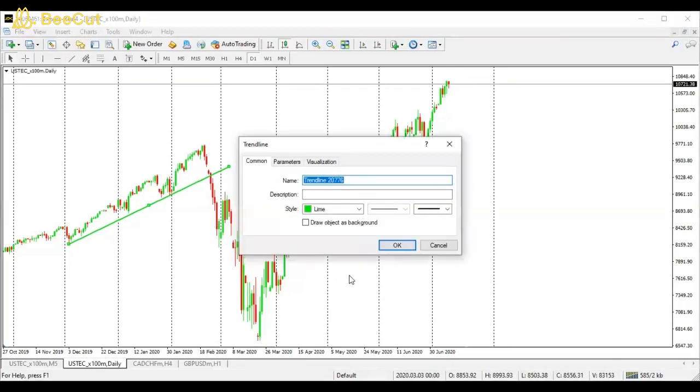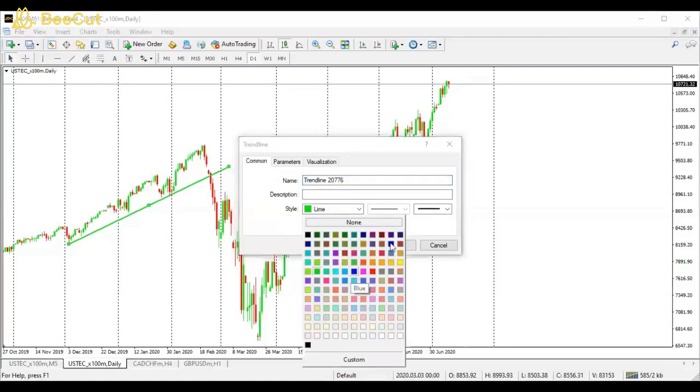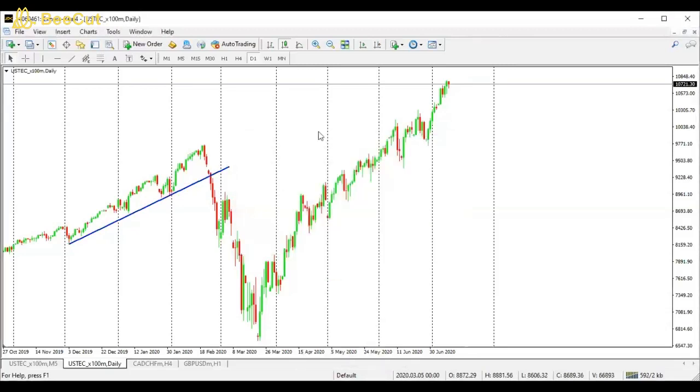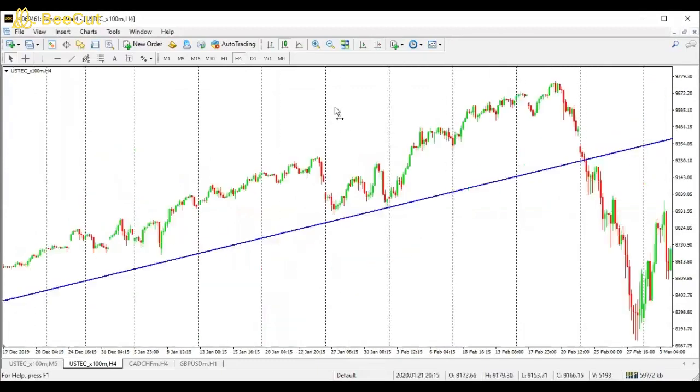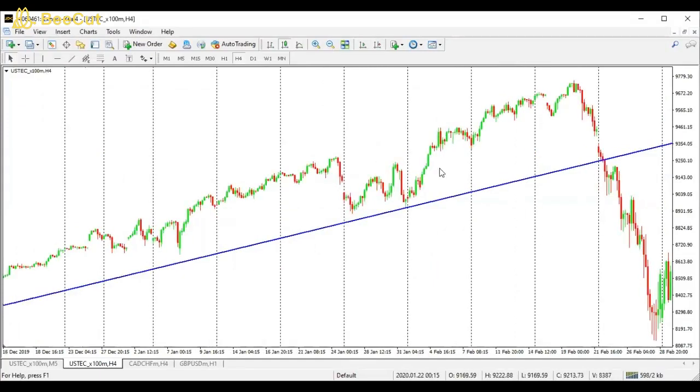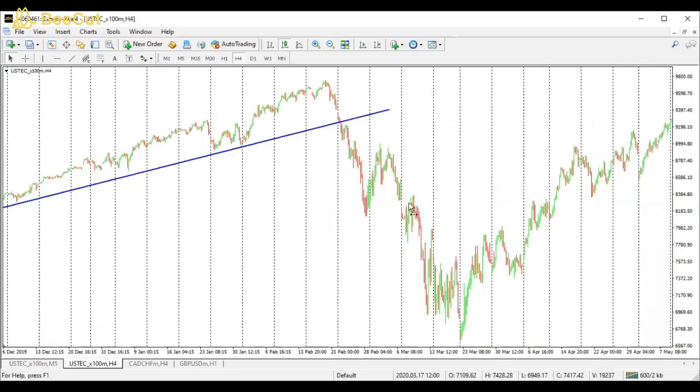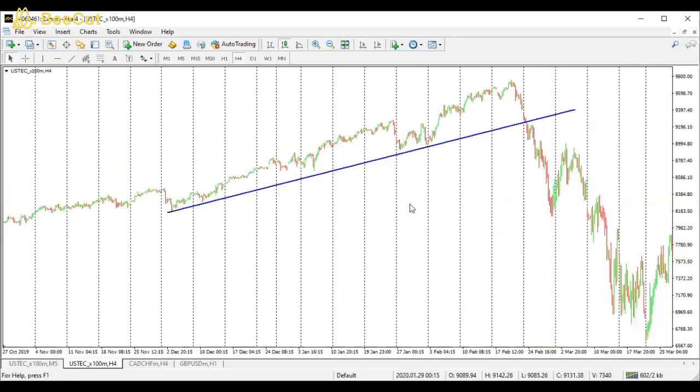After drawing this trend line, I move on to the H4 time frame. I just wanted to change my color to blue. When I get to the H4 time frame, I'll also be looking where I can plot a trend line. I'm zooming out so that my chart is clear enough for me to see which direction the market was moving at that time.